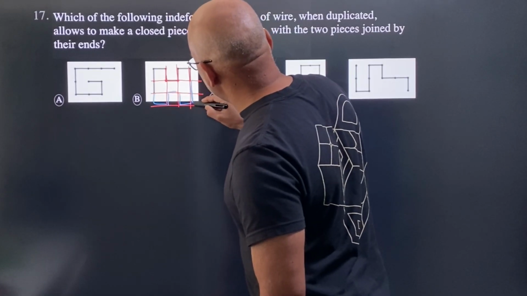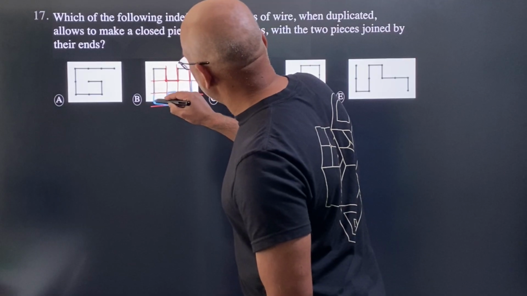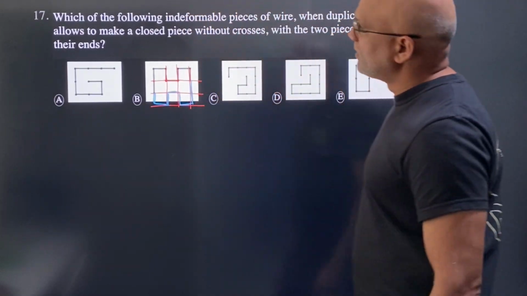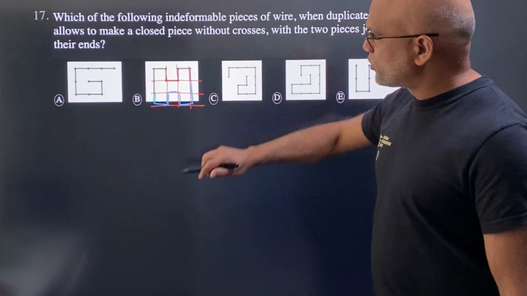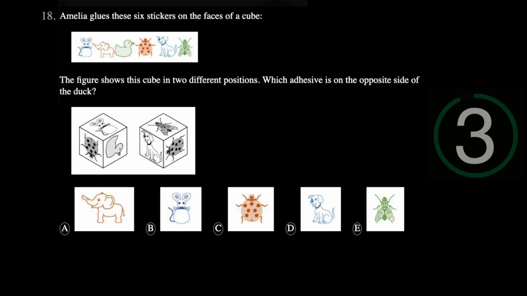So as you can see, this piece is same as the original one. They are basically a copy of each other, and I can make a closed loop. So B is the correct choice.